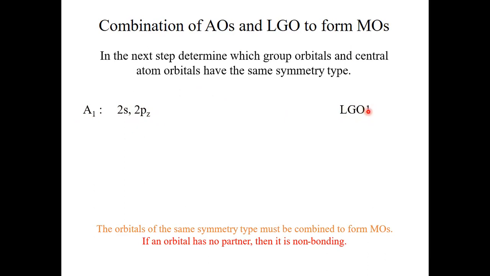Therefore, how many molecular orbitals will we expect? The number of molecular orbitals always equals the number of orbitals from which they have been made. So we make them from 1, 2, 3. Therefore, we will get 3 molecular orbitals of that A1 symmetry type.